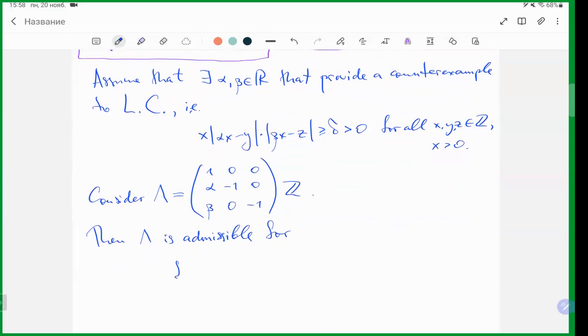Say the set of points x, y, z in R3, such that first of all, the product of x, y, z is bounded by delta, right? And the maximum of y and z, the absolute values, is bounded by 1, by the unity.